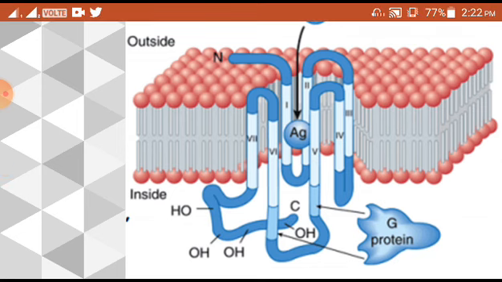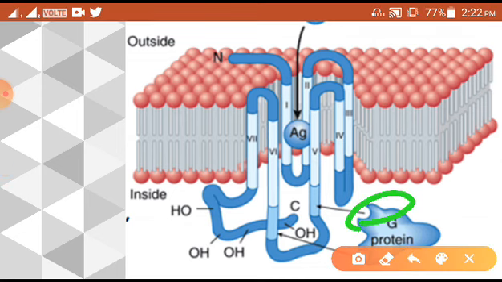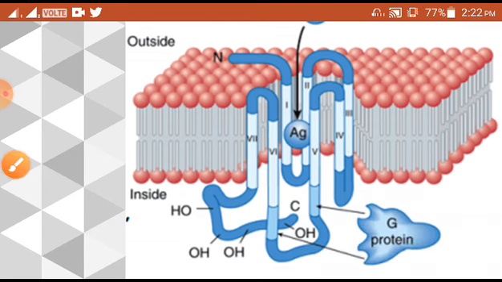These subunits are called alpha, beta and gamma. These alpha, beta, gamma have different roles to play in the functioning of the G protein. So I hope you understood what the structure looks like, right?